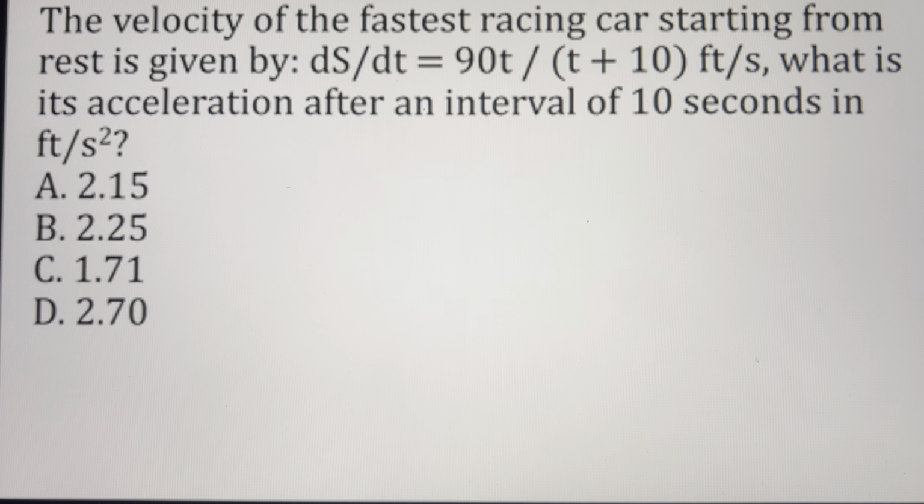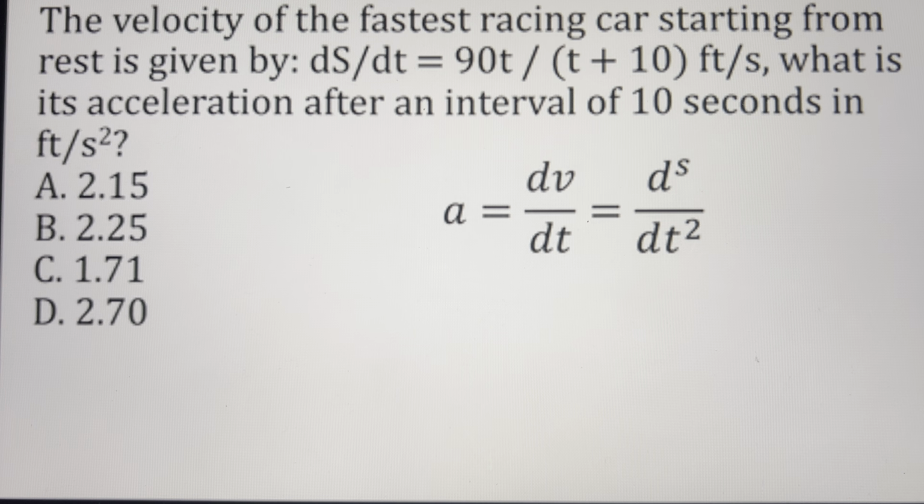The velocity of the fastest racing car starting from rest is given by ds/dt is 90t over t plus 10 feet per second. What is its acceleration after an interval of 10 seconds in feet per second squared? So acceleration is the first derivative of the velocity, right? That's also the derivative of s with respect to time, and then another derivative.